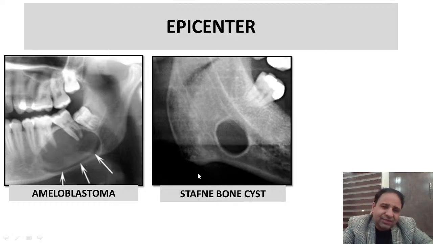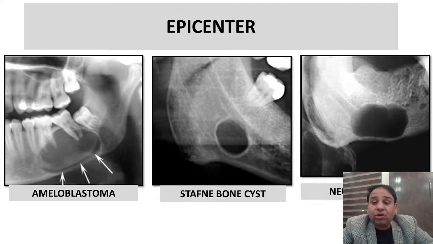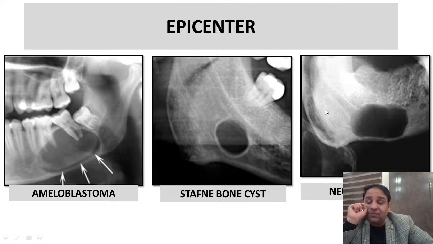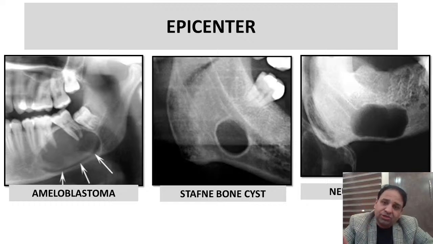Moreover, Paget's disease or fibrous dysplasia, if they occur in the mandible, are always below the inferior alveolar nerve canal. But if the pathology is within the canal, it is usually neural in origin, or vascular in origin.